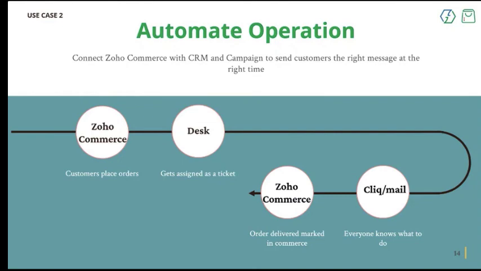They get a notification, and everybody has their phone at hand, so you are immediately intimated about the particular order. Once you process the order, you can again use Desk to update it, and Zoho Commerce immediately marks the order as delivered, sent, shipped, etc. You can basically do all of this.